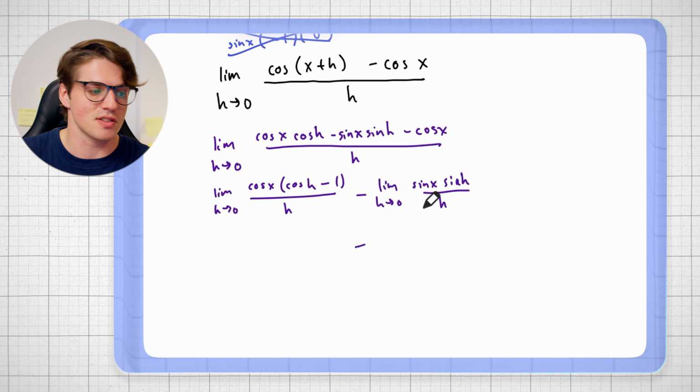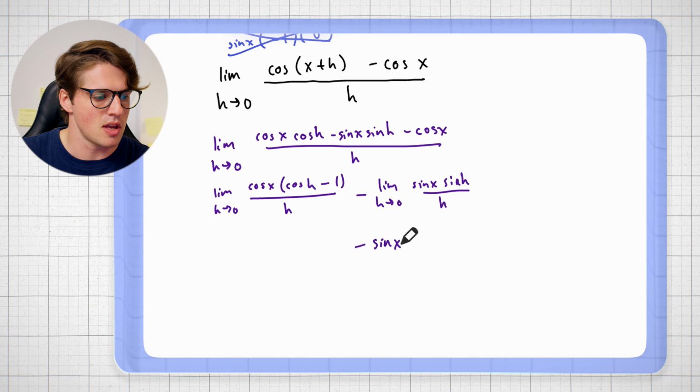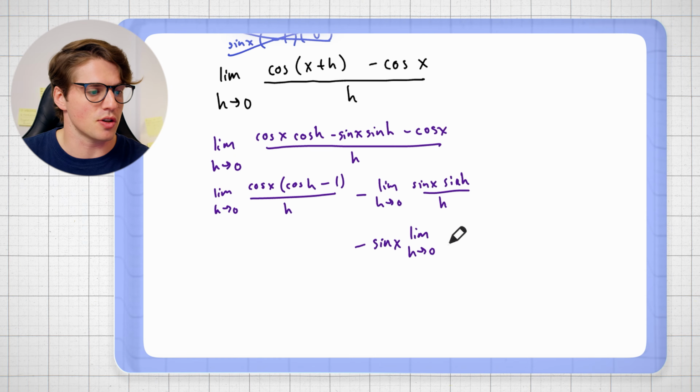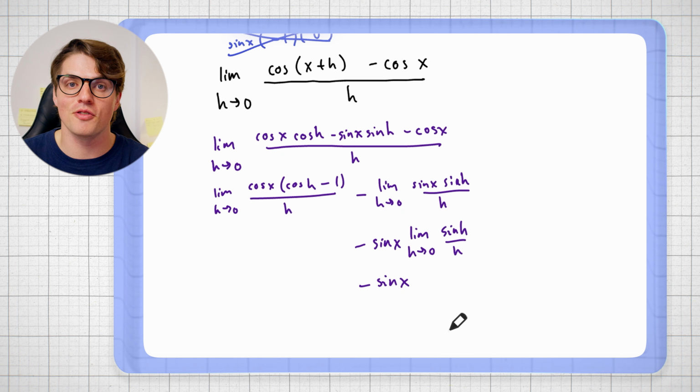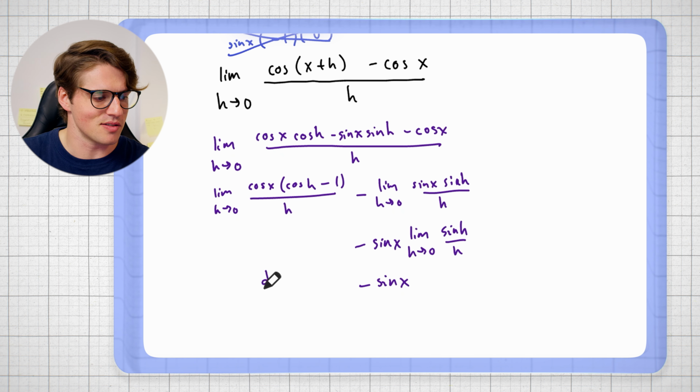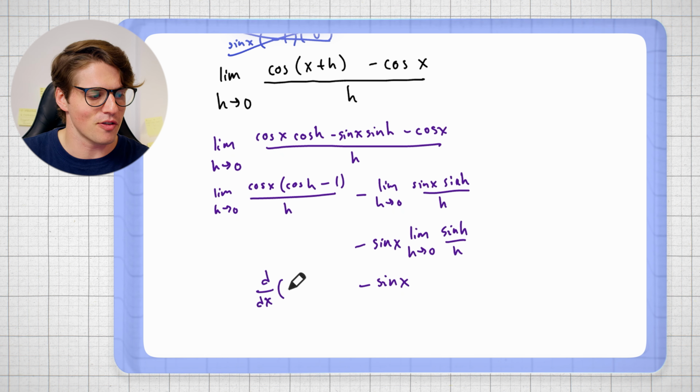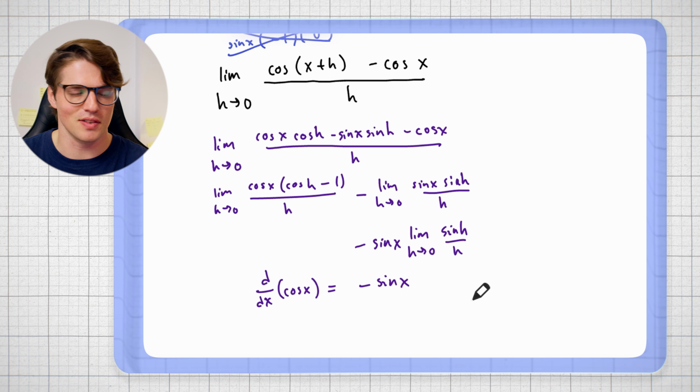And we can factor out the sine of x here. And we'll see the limit as h goes to 0 of sine h over h, that's 1. This is just negative sine of x. The derivative of cosine of x, d dx of cosine of x, is negative sine of x.